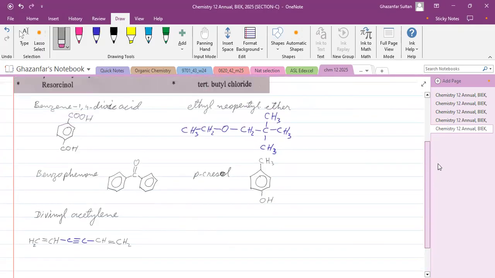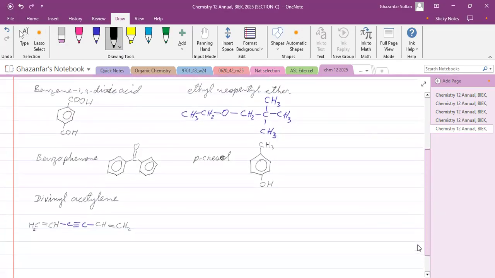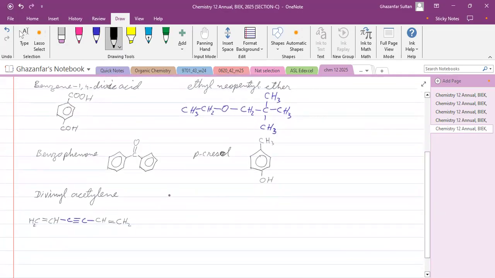And the next one is neopentyl alcohol. Neopentyl, as we have already seen here, this is the neopentyl group.